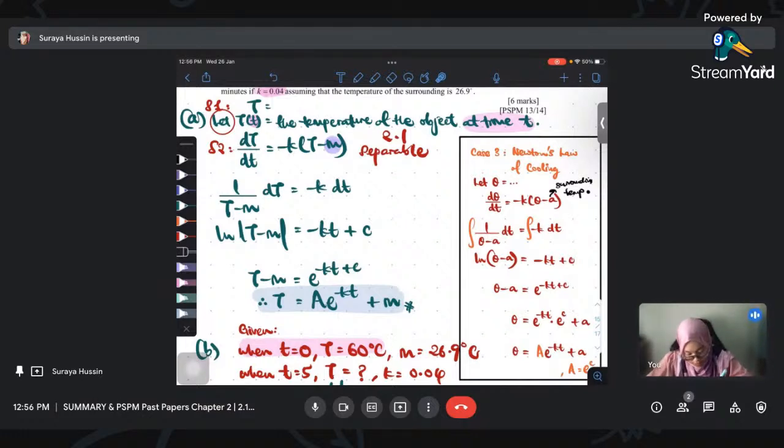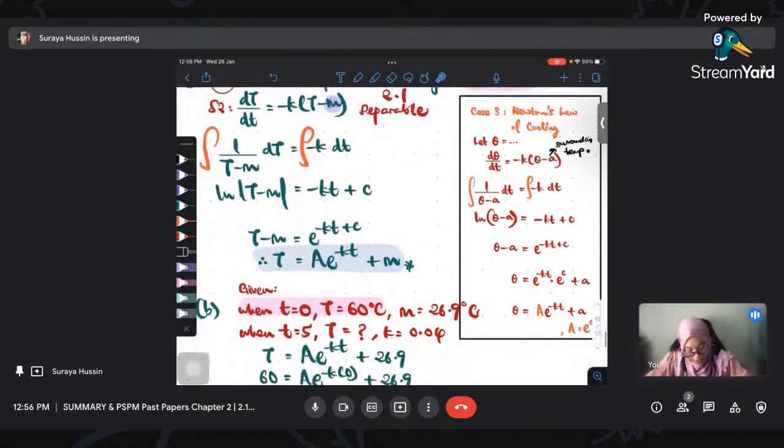Okay, so now what we have to do, after dah separate kan, kita buat integrate both side. After dah integrate, dapatlah ln, dapatlah negative kt plus c, and then exponent both side. When you exponent both side, you akan dapat dalam ni saja, t minus m.